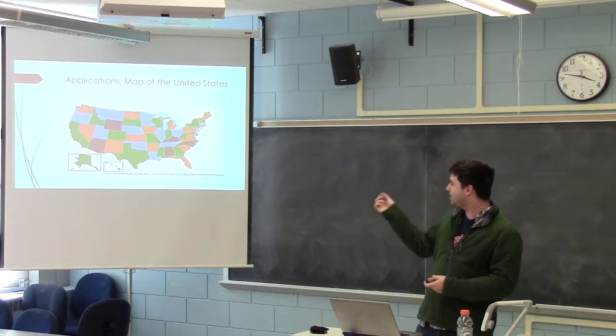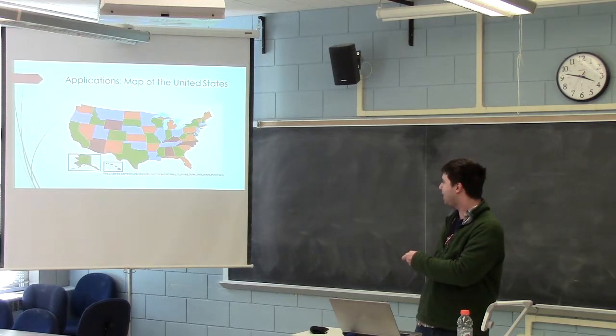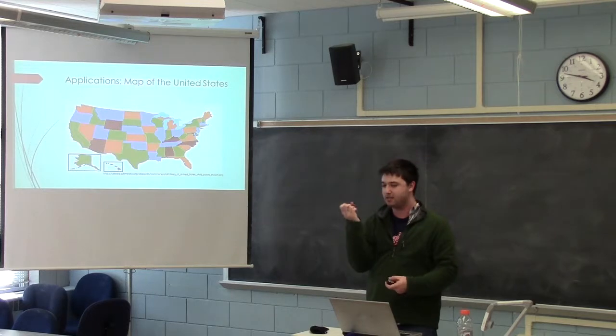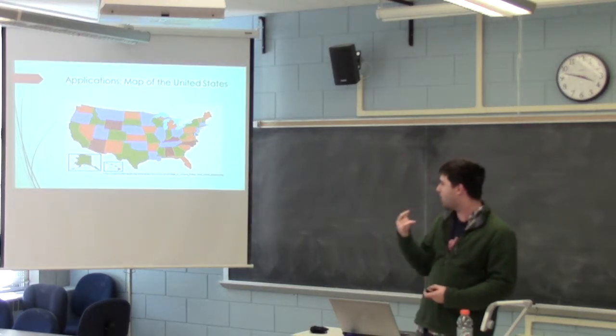And so when we do this, the reason why we have 4 colors is this area right here, with Colorado, Utah, Wyoming, Nevada, Arizona, New Mexico over here, in which you'll have a space in which it's impossible to color with 3. And so you're going to have to color it with 4.